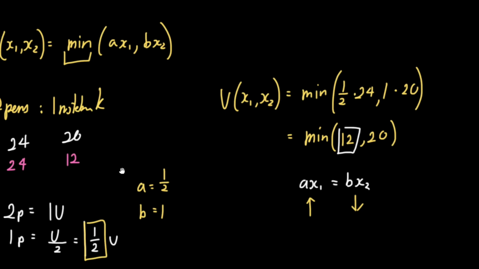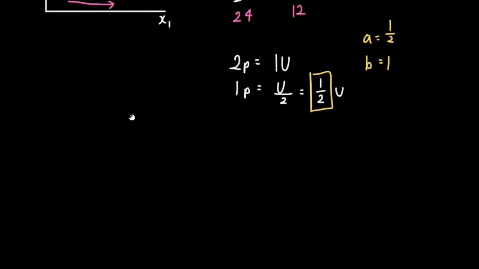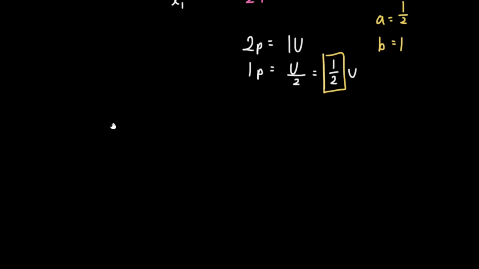Now in this example, I want to show how the consumer should behave given a budget constraint. So again, let us say that the consumer gains 1/2 utility per good 1 and 1 utility per good 2. And this is our utility function in this case.